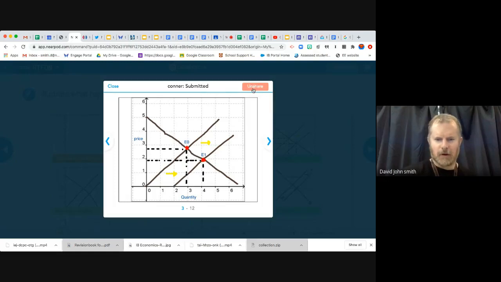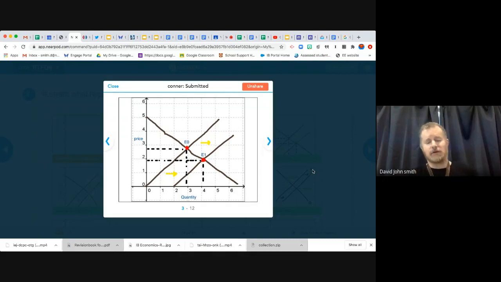If you have a look at what Connor has done, this is really good work. Maybe add a label or two for supply and demand, so we know which they are. But what you're trying to find out is, if supply in this case is increasing, what is happening to the price and what is happening to the quantity.